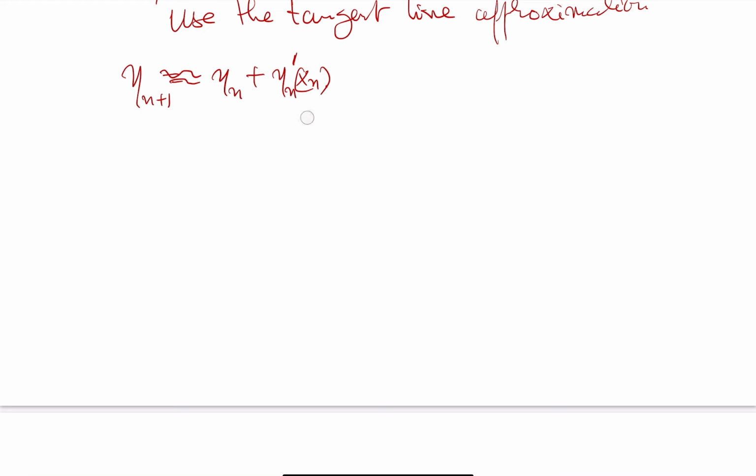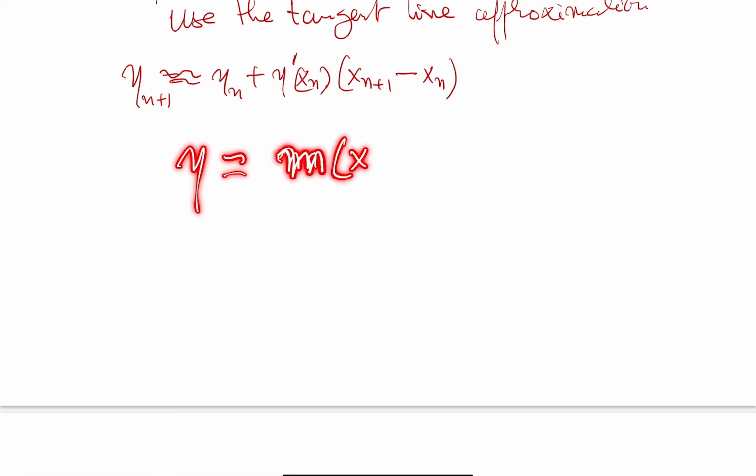You can just write down here y, okay? And then parentheses, xn plus 1 minus xn. Remember, this was a slope. Like if you have y is equal to m, parentheses x minus x naught, right?